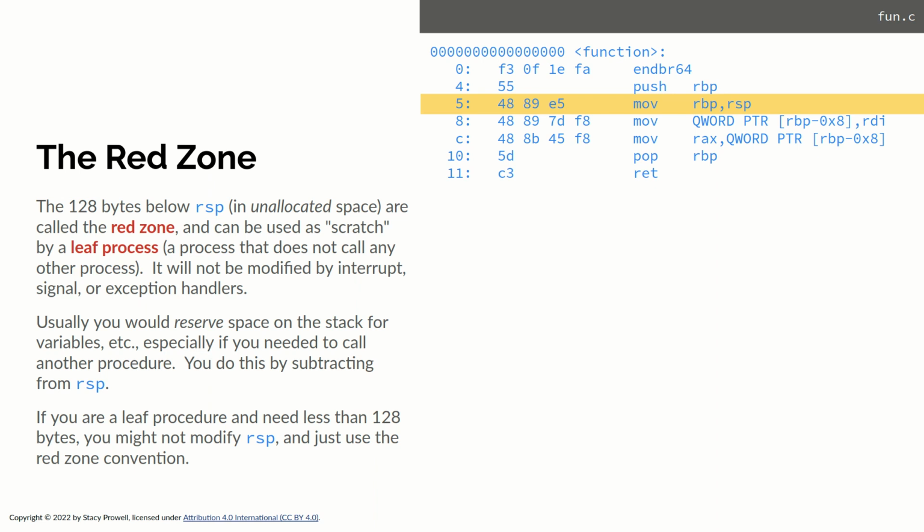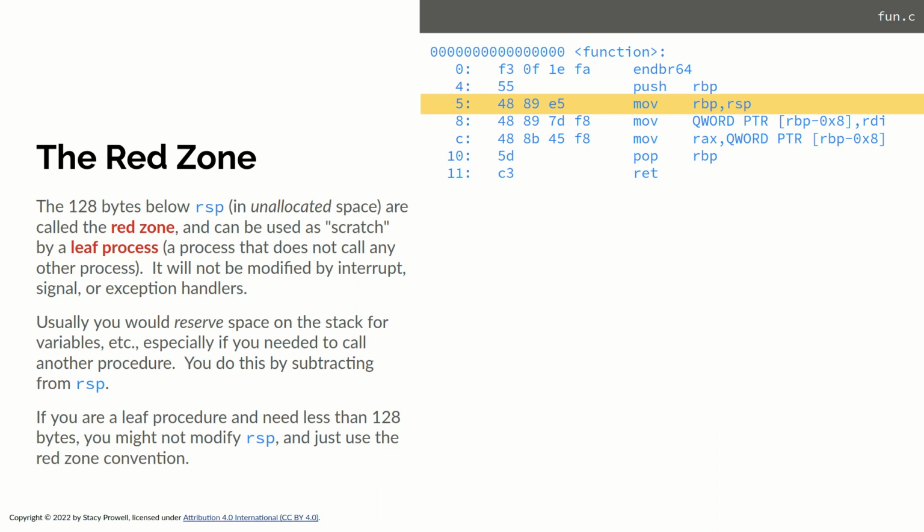So the red zone is the 128 bytes below, as in negative, below RSP. So these are the 128 unallocated bytes below the stack pointer. And those are called the red zone.